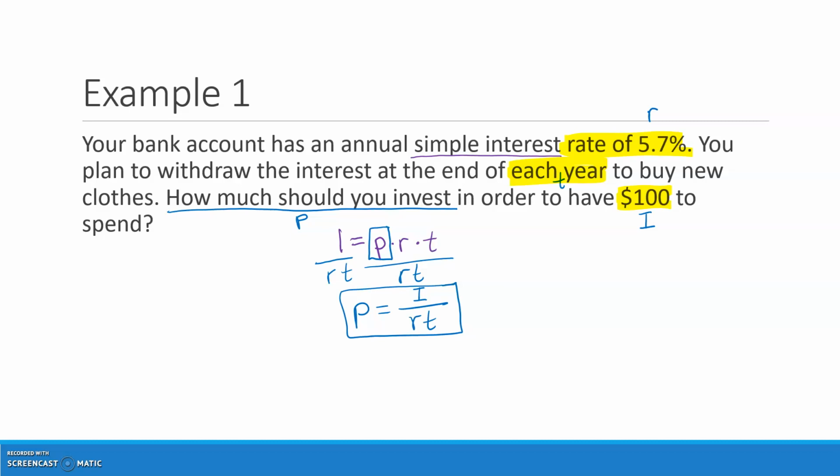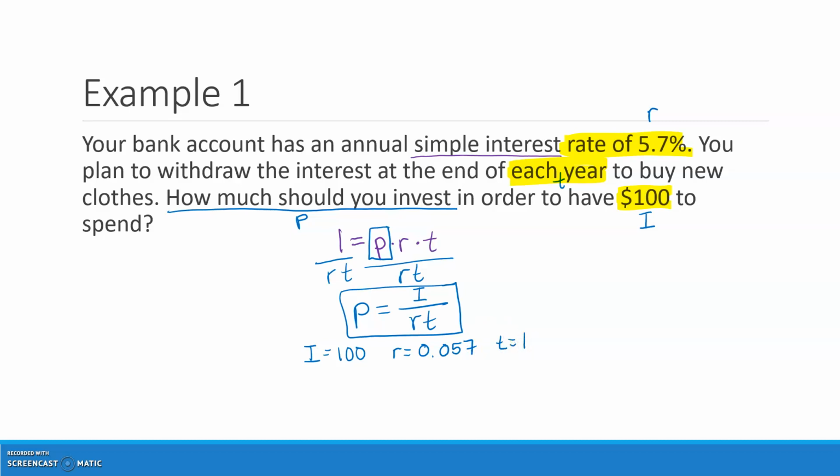Then I'm going to write out what I know. I know that I equals 100. I know that R equals 0.057. And I know that T equals 1 because we're saying at the end of each year.